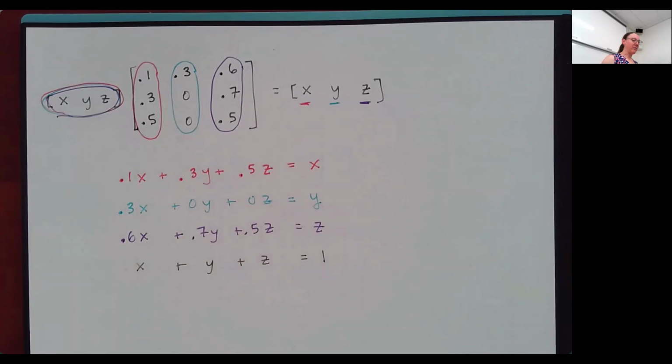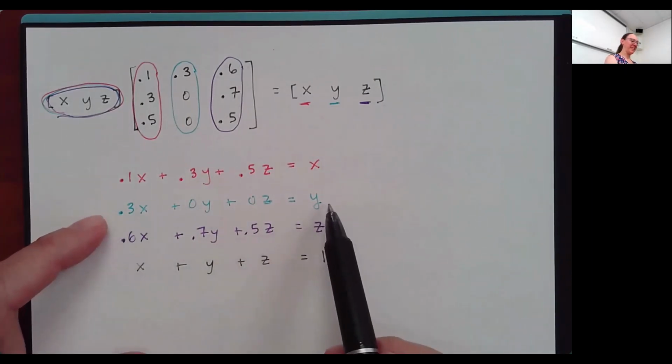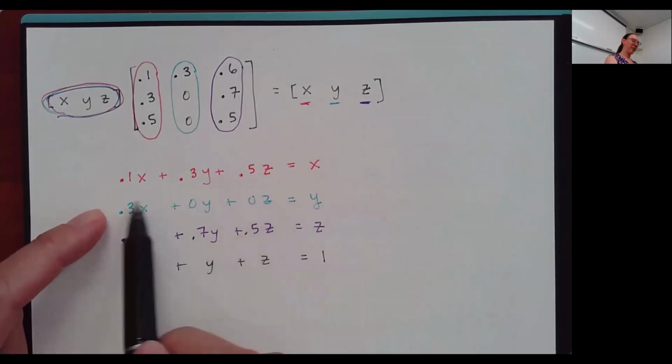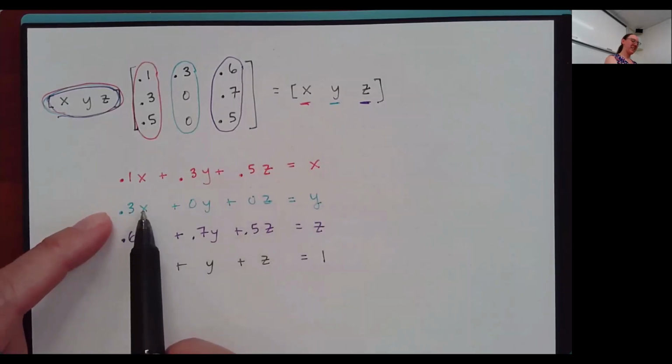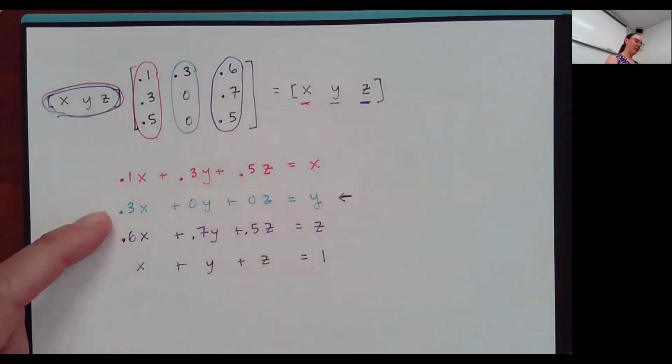So we have all kinds of options for how to solve this system. But I'm looking at this second equation and it looks pretty friendly to me because I already have y determined by x. So I think I'm really going to focus on this one and use it to manage my other two.